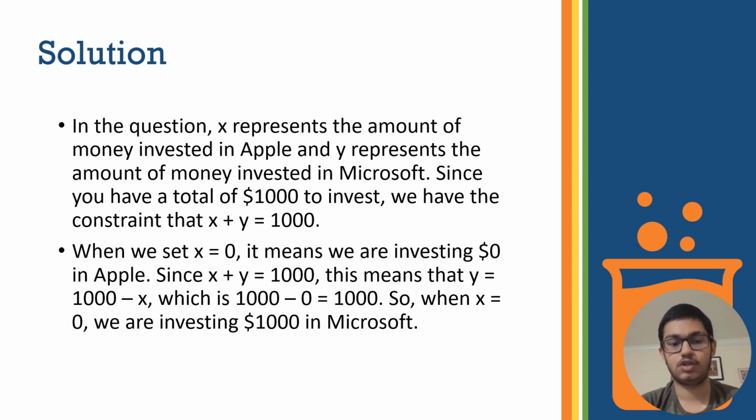That leads to 1000 minus 0, since x equals 0, right? That gives us $1000, for which y equals $1000. So that means if I invest $0 in Apple, then I invest $1,000 in Microsoft, right? That's what it means simply.